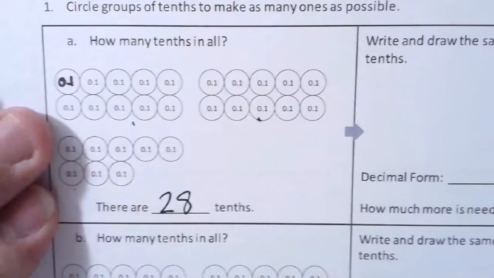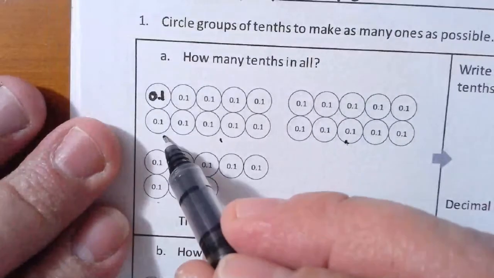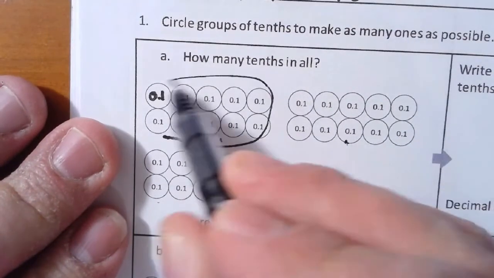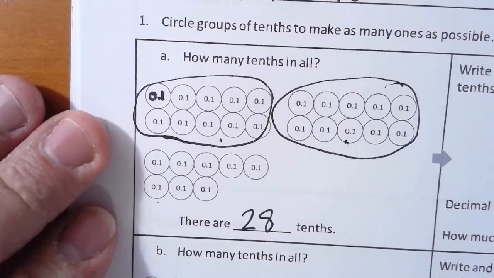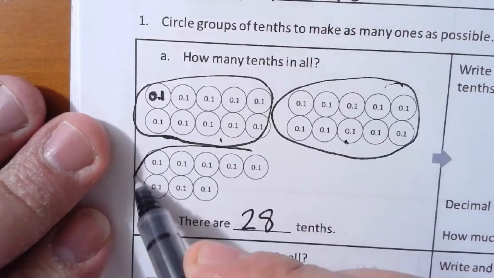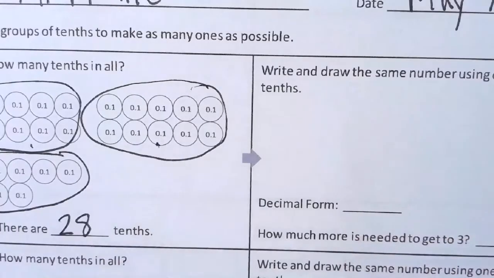All right? So let's move over to the next box. Where the arrow goes, it says write and draw the same number using ones and tenths. So if I said there are one whole number, or 10 over 10, two whole numbers, 10 over 10, and then 8 tenths left over, it would work like this. Oh, I didn't need to circle those 8 tenths.